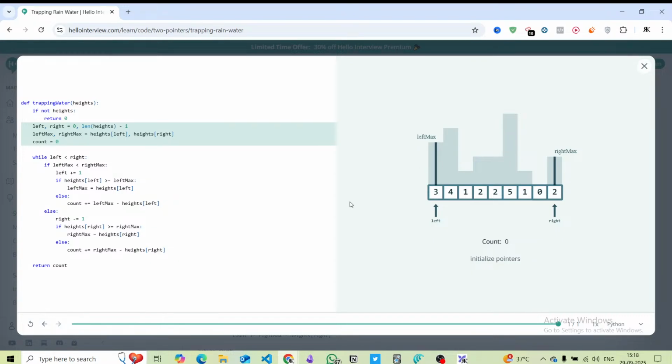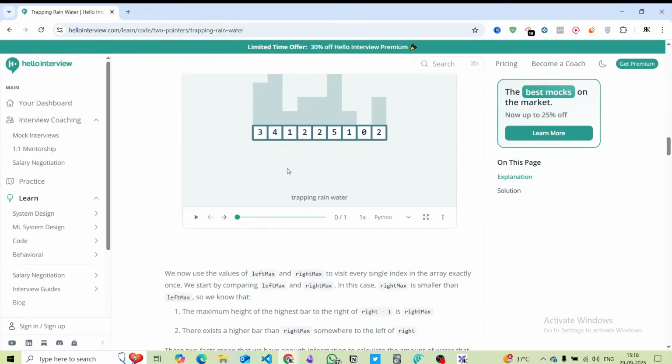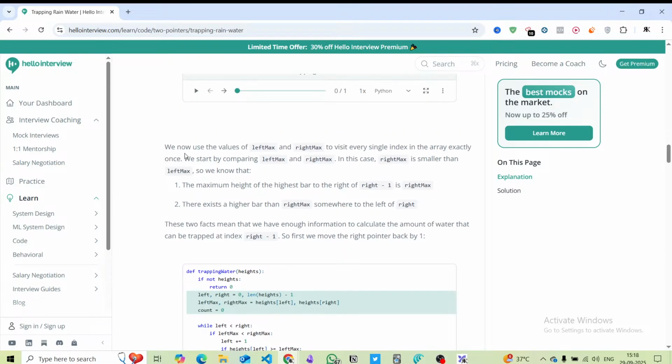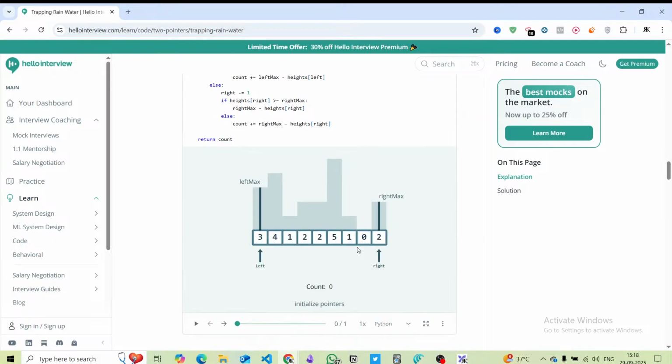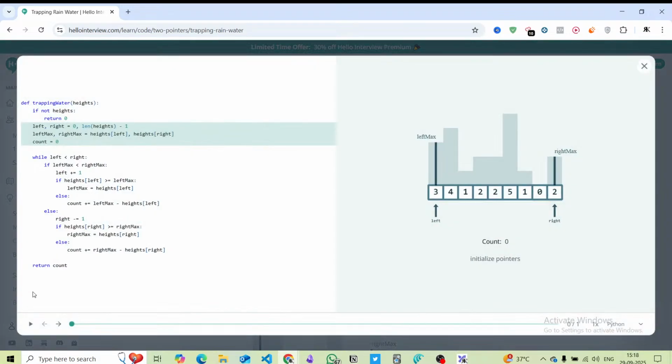And then here will be the left max and right max, and count is zero. So all has been done. The next thing is we now use the values of left max and right max to visit every single index in the array exactly once.